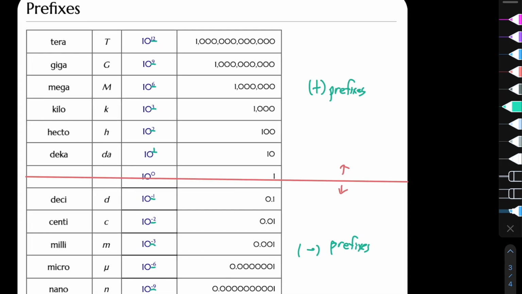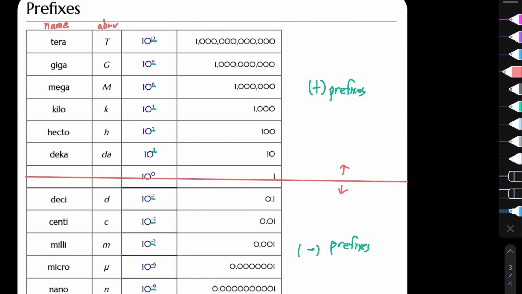And in the first column we have the name of the prefix, such as tera, giga, mega, kilo, hecto. And in the second column we have abbreviations. So when you see a chart of information, it might not say tera, and it most commonly would say T, G, or M. So it is important that you know these abbreviations as well.